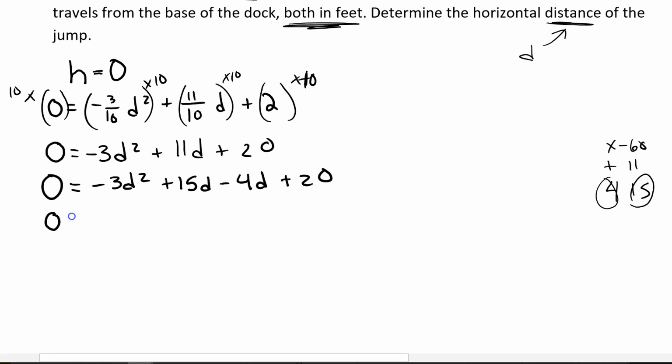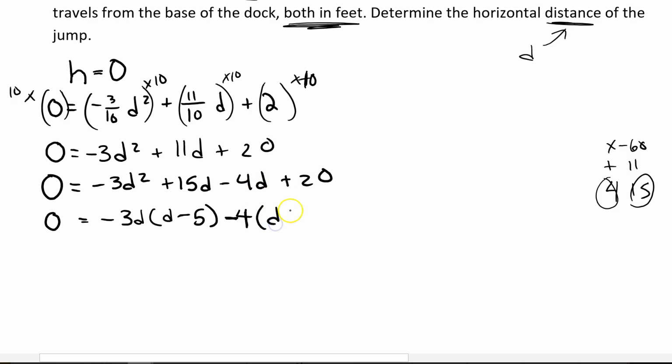So I'm going to factor by grouping here. I'm going to factor out a negative 3 from both. So I'm going to say negative 3d, and what I'm left with here is simply d minus, because positive 15 divided by negative 3 is negative, so minus 5. And then I'm going to factor out a negative 4, because a 4 is common to both of these.